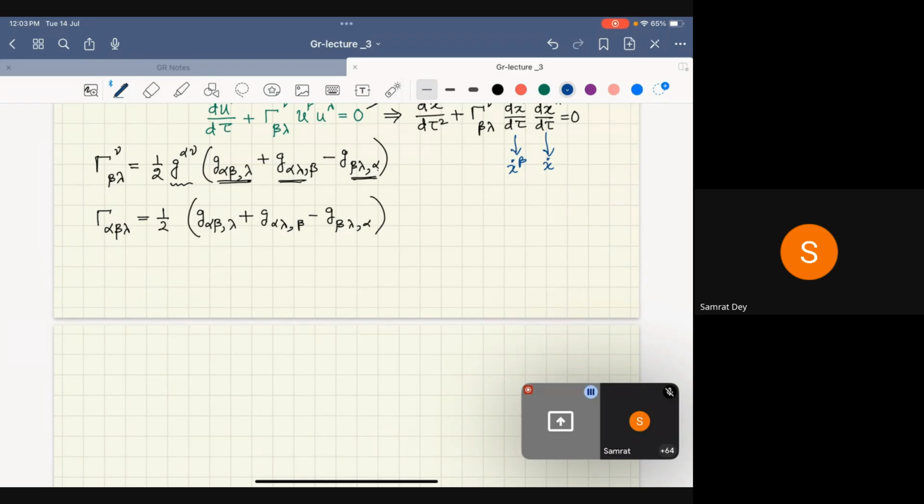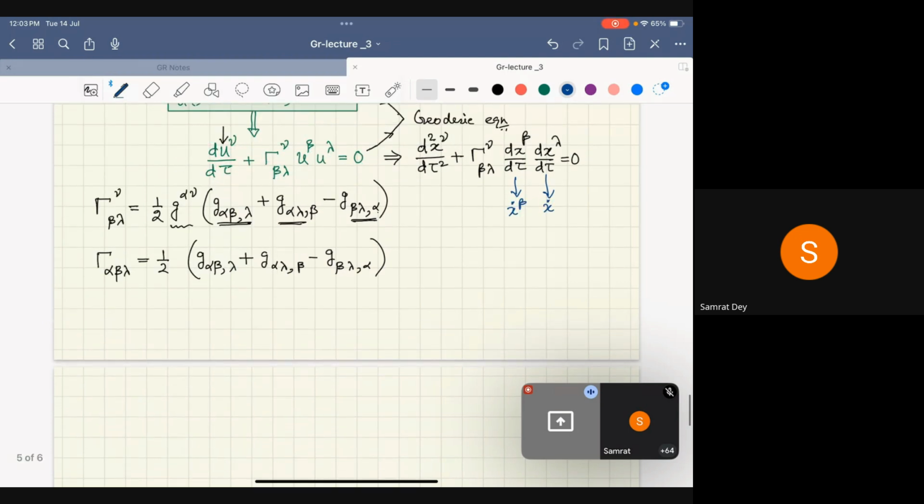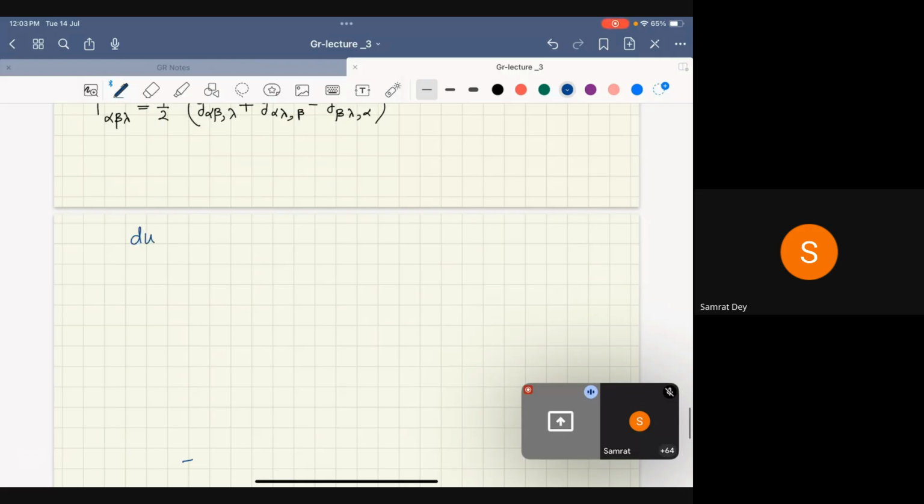as we stressed quite frequently yesterday, this geodesic equation which we have written, du mu d tau plus gamma mu alpha beta u alpha u beta equal to 0, does not necessarily always mean that my space-time is curved. Why am I saying that?